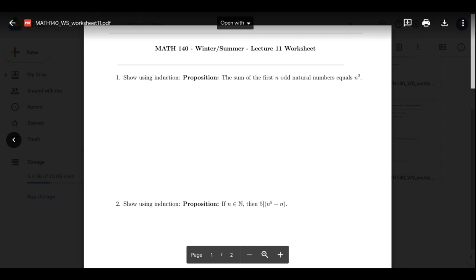P of n is a statement. The statement is 1 plus 3 plus up to the nth odd natural number, 2n minus 1, equals n squared. Then prove P of n plus 1. You need to show P of 1 is true. You need to write it out.